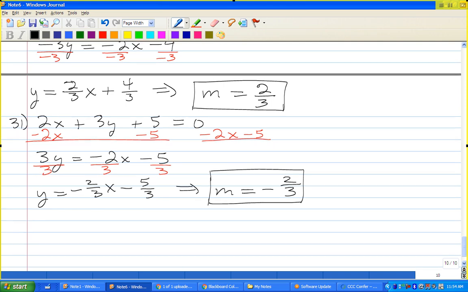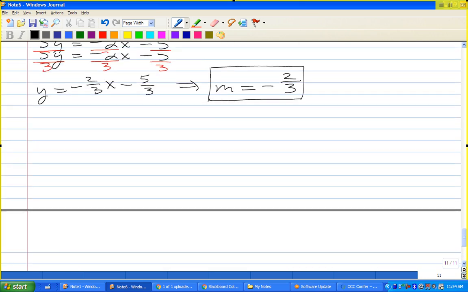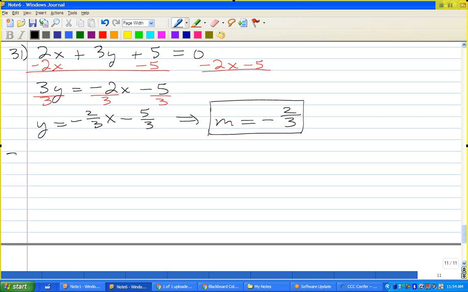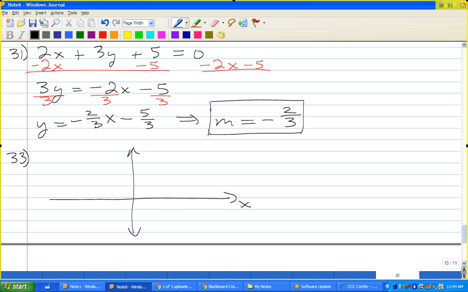Let me do problem number 33. Consider the lines A, B, C, D, E. For each line, determine which of the following is true. Okay, so let's see if I can draw this. Where's A?